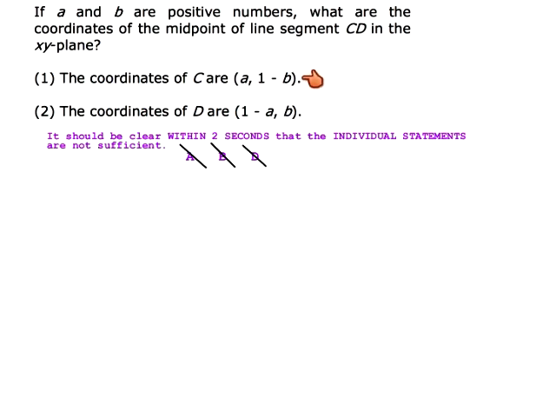Like in statement 1, D could be literally anything. Also, there's the other problem that these are variables, so this could be anywhere too. There's like double problems of freedom here. If you have this statement alone, first of all, A and B are unknowns, so this point could be anywhere. Also, D could be anywhere too.